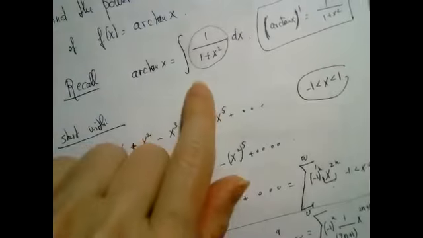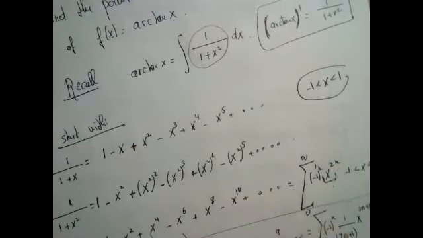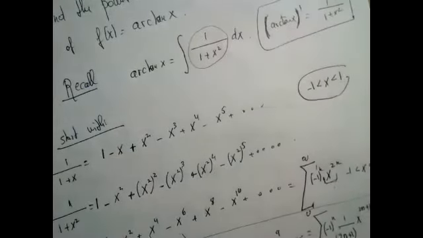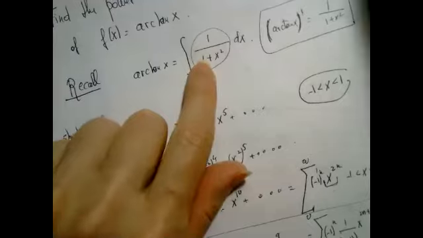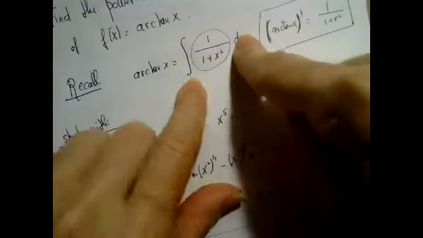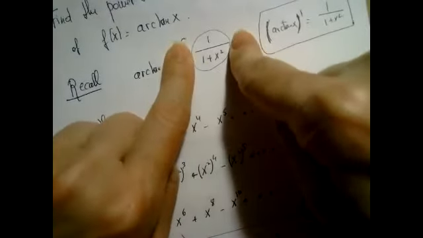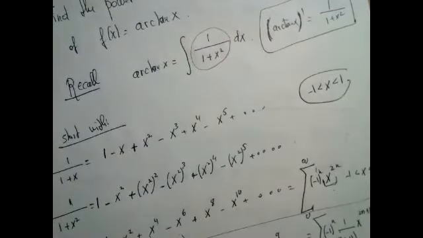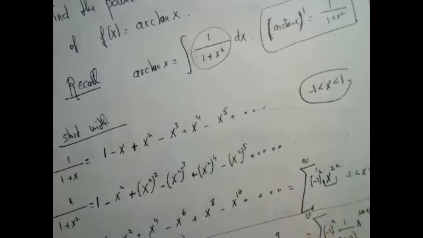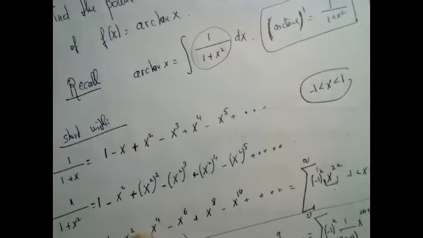And then arctangent: we can use the formula, but it's a nightmare. We cannot get through it. We relate it to something we know. It's the antiderivative of 1 over 1 plus x squared, but I know this one, so I can find the arctangent. And the theorem I've mentioned, that we can integrate the power series, will help us do that.